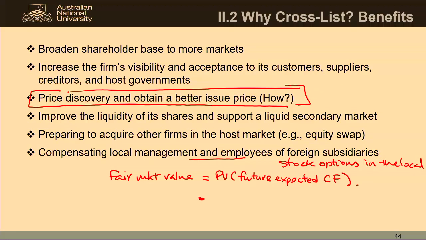So it is somewhere up here. Right now, it's somewhere down here. Price discovery means that over time, you're going to reach the fair market value. Why would listing on a foreign market help you with price discovery? Or to be able to get a better price?